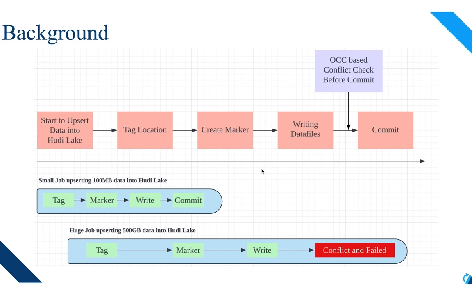As we can see, the small job finished and commits to Hudi successfully. But a few hours later, job 2 finished writing data files and starts to commit metadata. At this time, a conflict with job 1 is detected, and job 2 has to abort and rerun after failure. So obviously, a lot of computing resources and time are wasted for job 2.